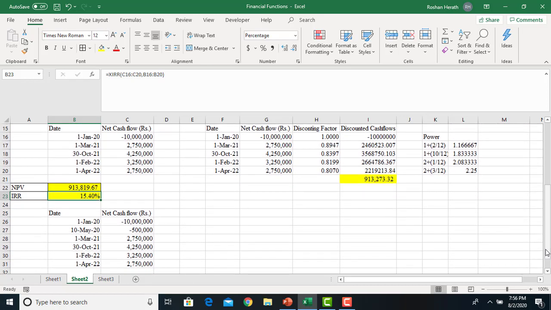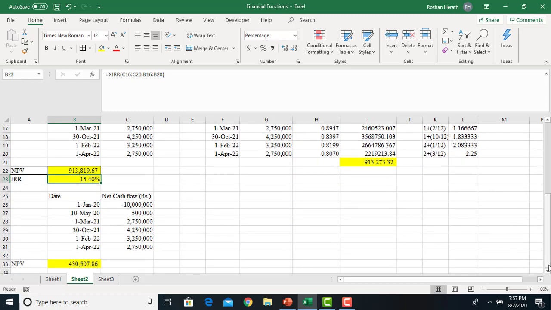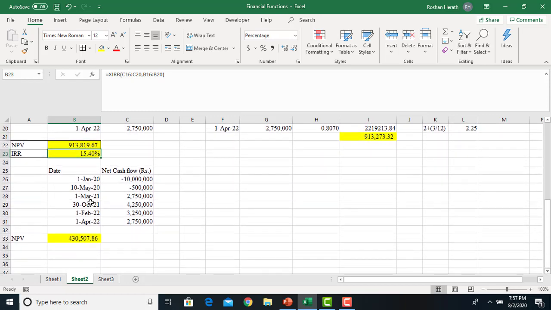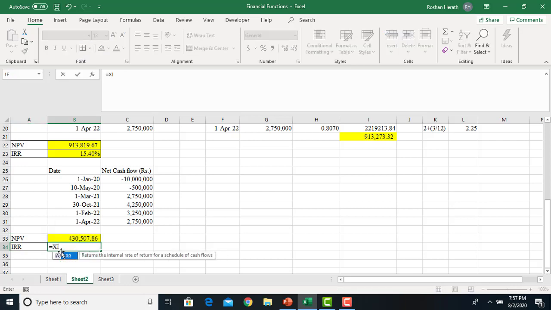Then in the second instance, you have identified a new cash flow on 10th of May 2020. Relating to that new circumstance, you can work out the IRR. And we may work out IRR in that particular scenario as well. XIRR.